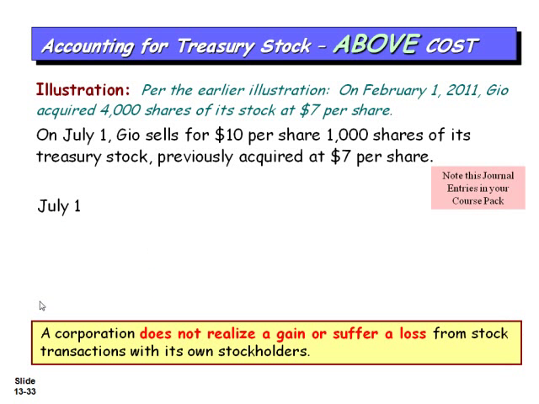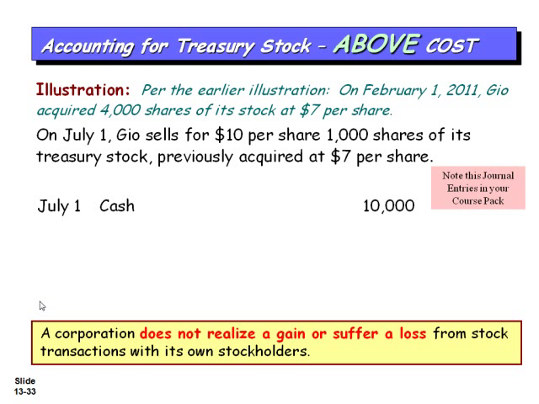On February 1st, as a review, Geo Company acquired 4,000 shares of its stock at $7 a share. Later on, Geo sells 1,000 shares of this for $10 a share. Now you can see that they've made an increase of $3 a share here.